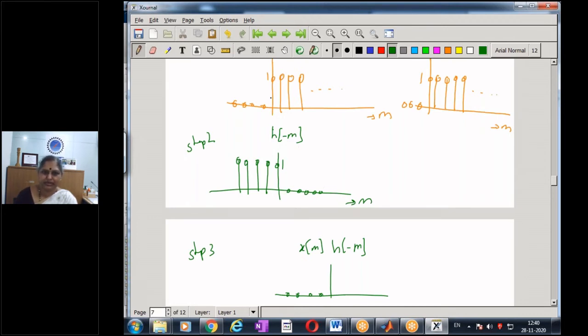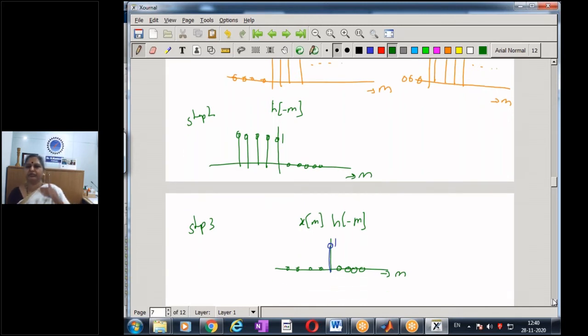So the only non-zero value occurs at m equal to 0. And so I have the product as 1 for m equal to 0 and all other terms being 0. So this is the product x of m, h of minus m.